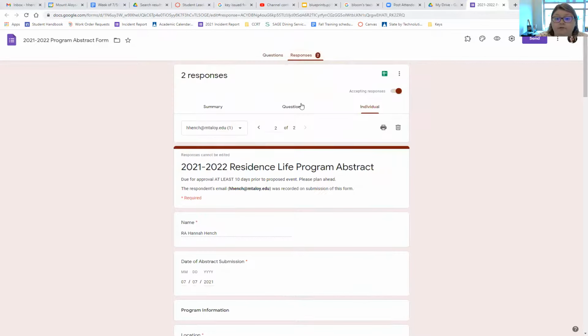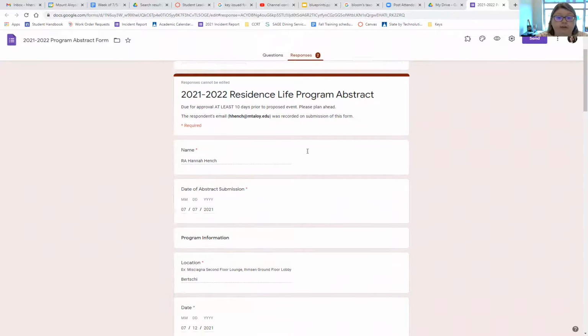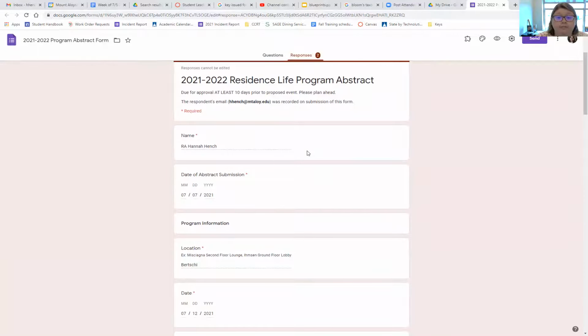So I'm going to go ahead and go over to responses, and this is what information will be pulled after you submit your program abstract. So this is what we'll be able to review when you submit that form. It's important to know, as is listed here, that all programming abstracts are due at least 10 days prior to the proposed event. We don't know exactly what you were planning, maybe thinking for the upcoming semester.